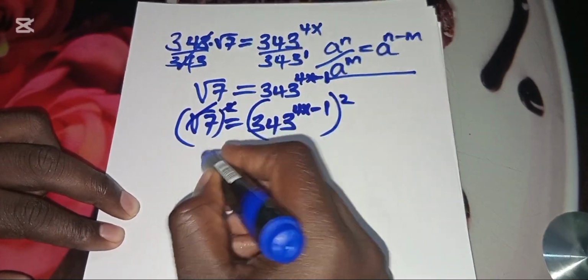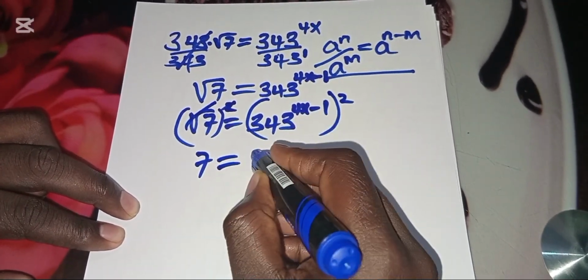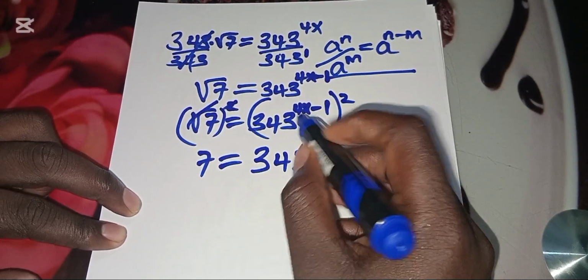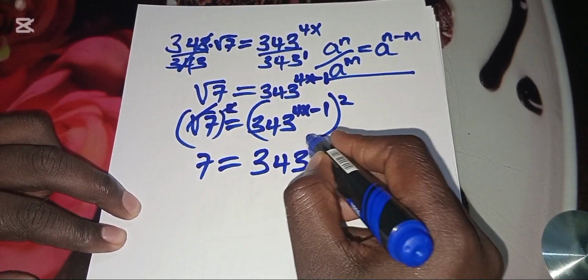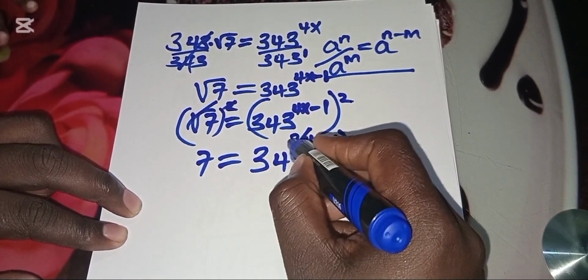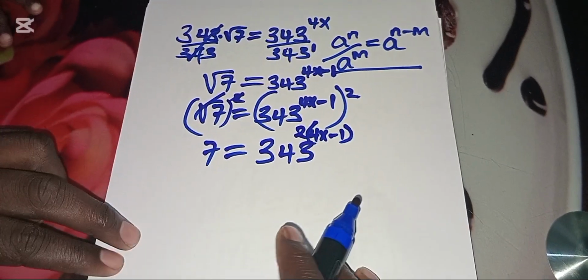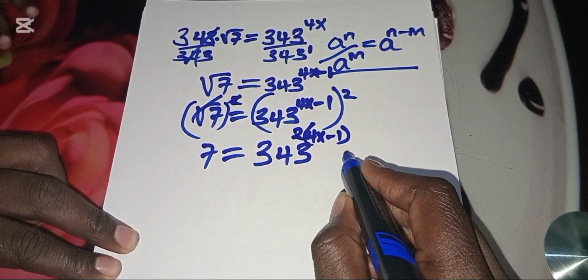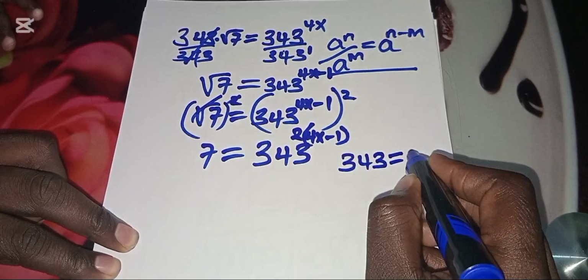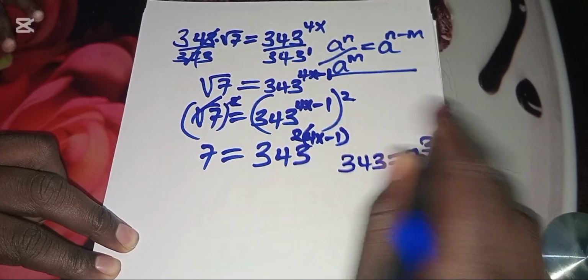So that we'll have 7 is equal to 343 raised to power, this is 4x minus 1 multiplying by 2. And again 343 can be expressed as 7 raised to power 3.